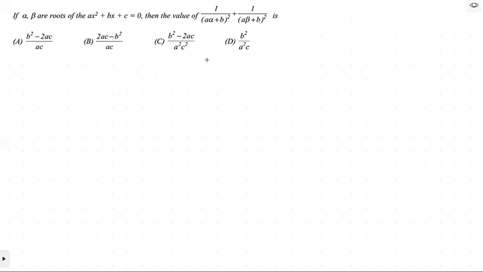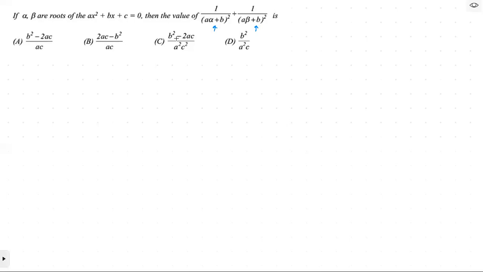Now let us come to this question. Alpha comma beta are the roots of ax square plus bx plus c equals 0. Then the value of the expression is what? Now here also we'll try to take the help of this, because we have to understand what these terms indicate. आपको directly यहाँ देख के थोड़ा idea लगना चाहिए कि how we have to think in that question. That is more important. Now here we have ax square plus bx plus c equals 0.